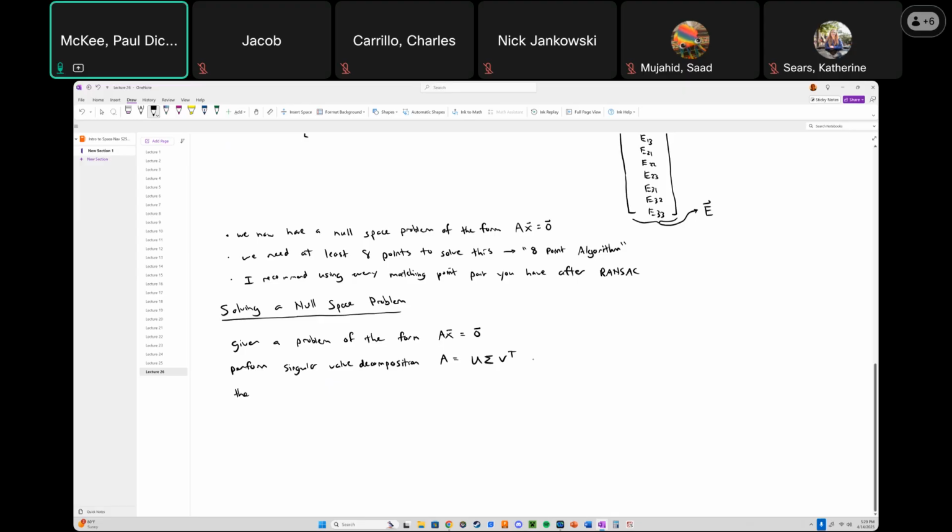And the solution for X is the column of V transpose that corresponds to the smallest singular value. So generally, that's the last column of V transpose, depending on the way that MATLAB or Python spits out your singular value decomposition.